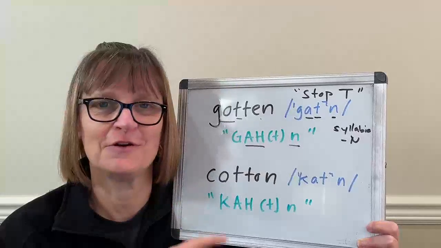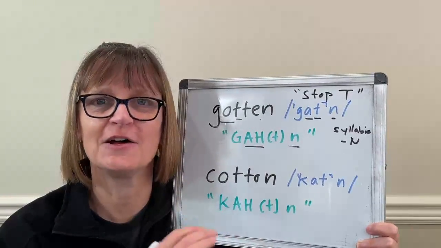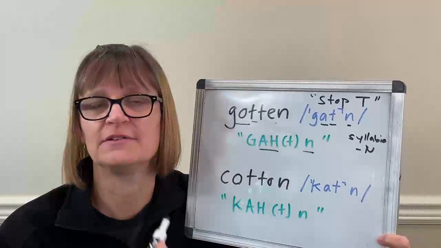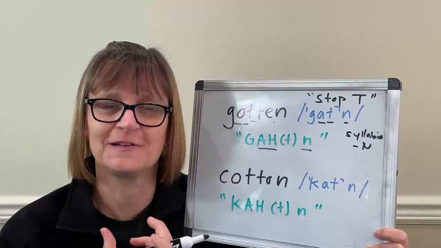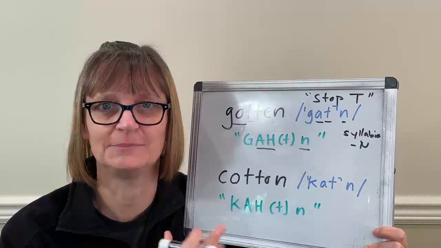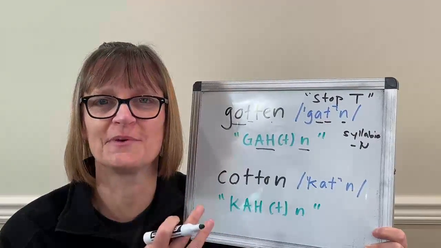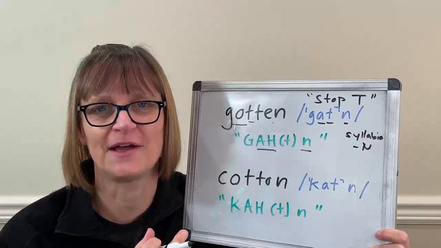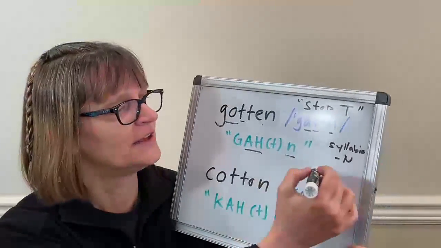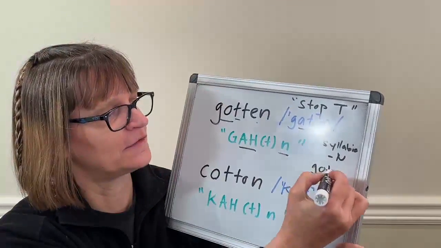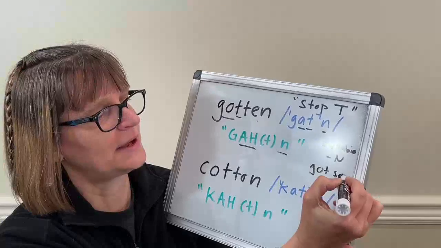I do have a video explaining those words in more detail, but just know that that stop T is what we typically use at the ends of words or in the middle of words when the T is followed by another consonant sound. So I would do the same thing if I was saying, for example, got some.